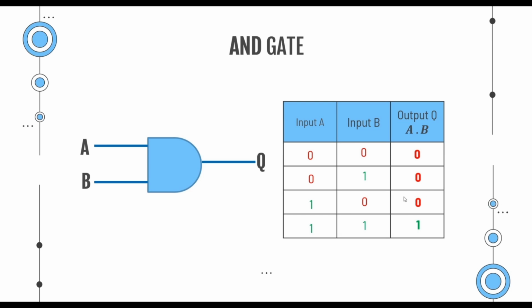So, this AND gate produces a high output only when both inputs, or all the inputs, are high. This AND is represented by a dot. So, let's see how we can demonstrate this AND gate in our simulator.